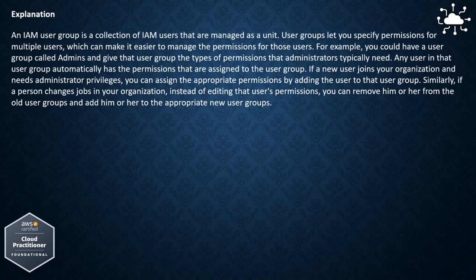If a new user joins your organization and needs administrator privileges, you can assign the appropriate permissions by adding the user to that user group. Similarly, if a person changes jobs in your organization, instead of editing that user's permissions, you can remove him or her from the old user groups and add him or her to the appropriate new user groups.